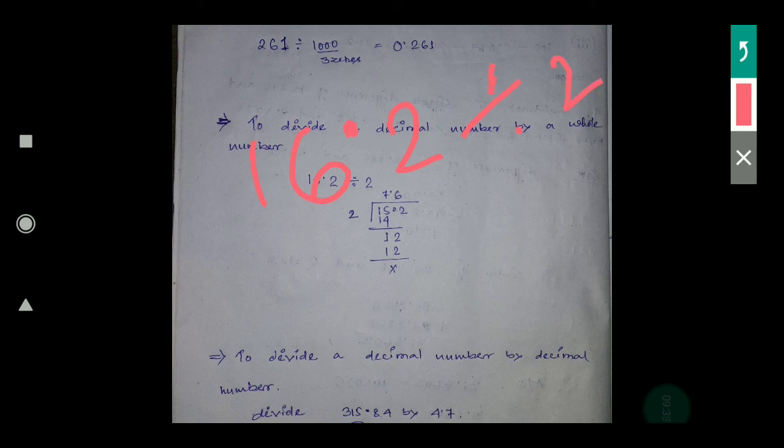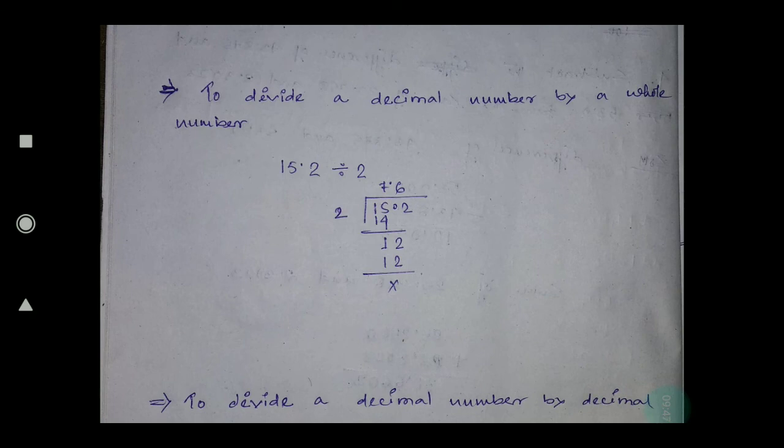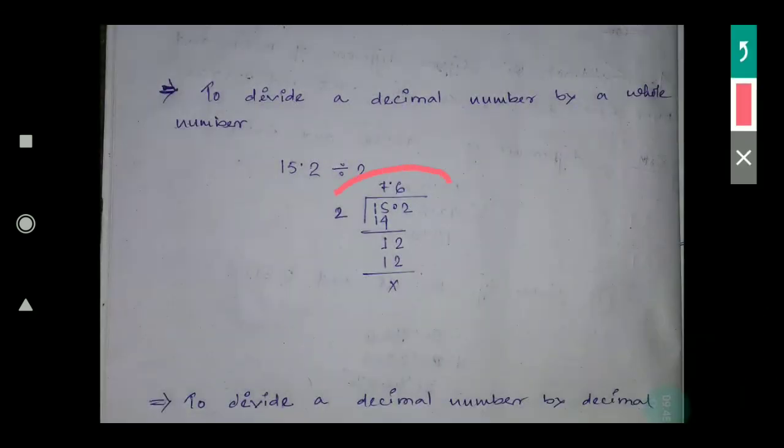At that time you can proceed with this method, or there is another unique method which is applicable for all, whether a whole number or a decimal number is given as the dividend. So check it here once. Suppose 16.2 is given, you have to divide by 2. This is the question given.